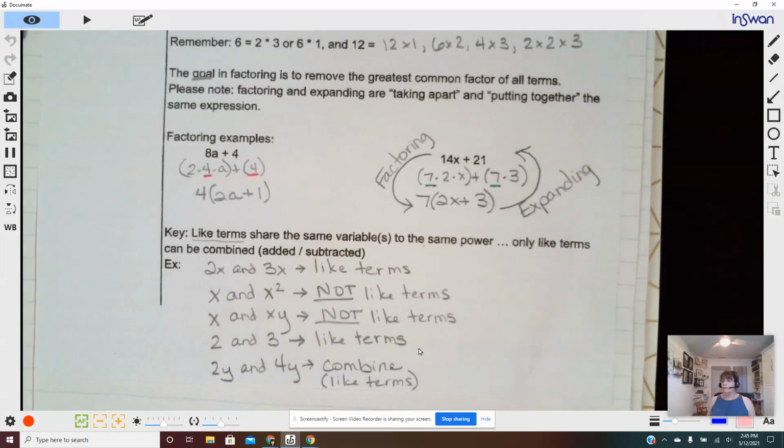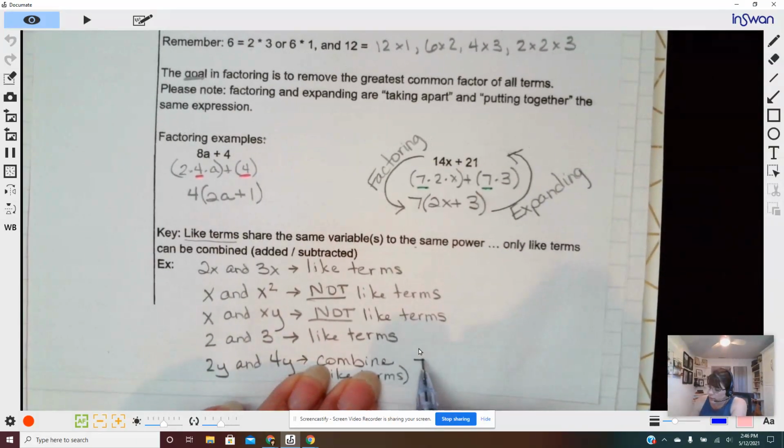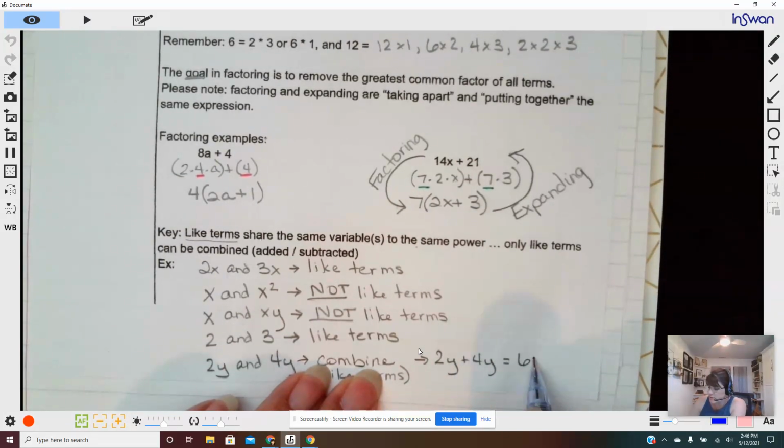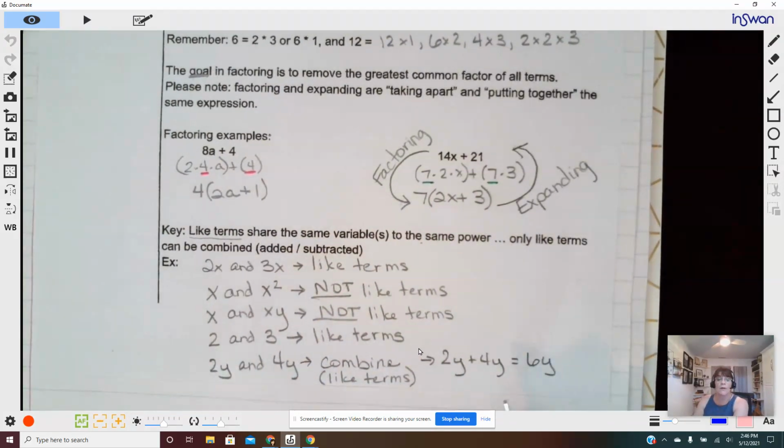If I'm at a toy store and somebody says, how many yo-yos do we have? Well, if I have 2 yo-yos plus 4 yo-yos, that equals 6 yo-yos. If they said how many yo-yos we had, and I said, well, we have 2 yo-yos and 4 bouncy balls, they'd look at me like I was crazy. I can't combine the yo-yos and the bouncy balls. So you can only combine like terms.